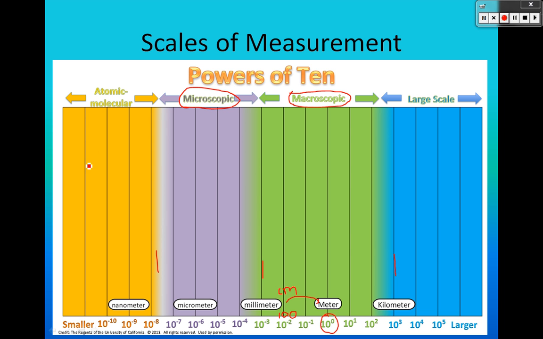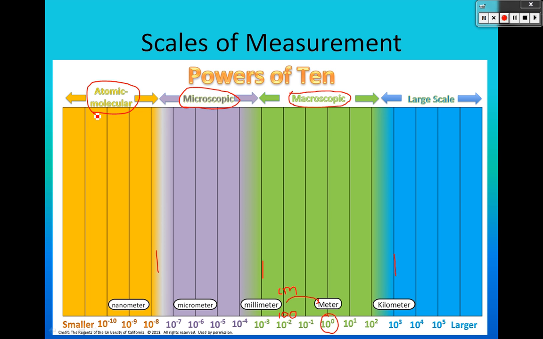And then we have our atomic molecular scale, and that's the scale of atoms and molecules. We don't have tools powerful enough to really see these. We can kind of map their surfaces, but we don't have any tool powerful enough to see a carbon atom and see the protons and the neutrons. As some of you may remember, atoms are actually mostly empty space.